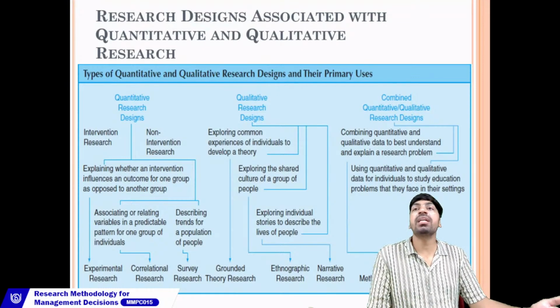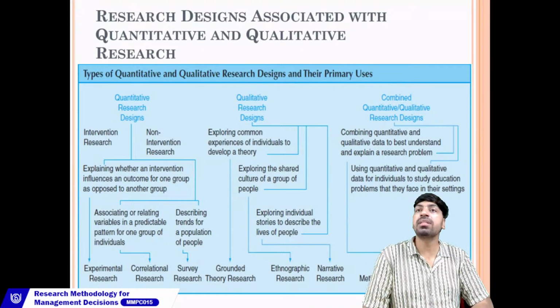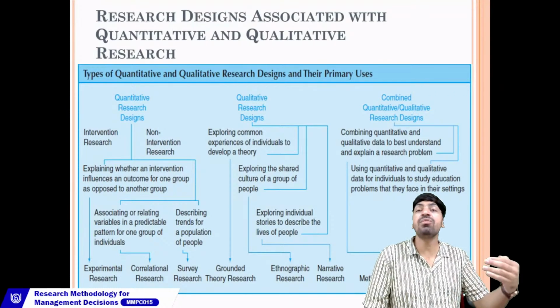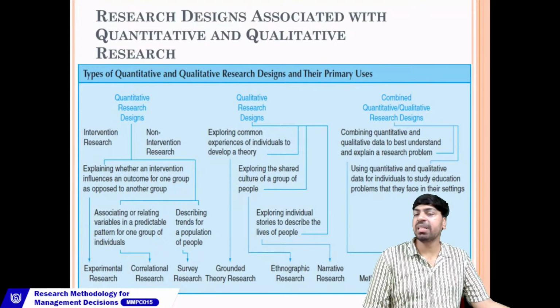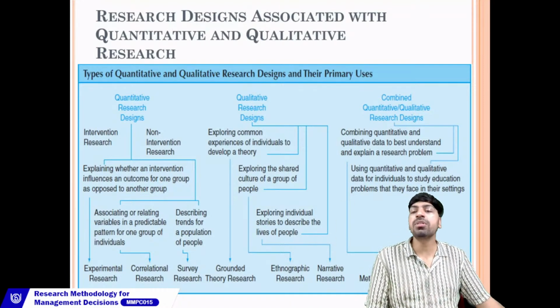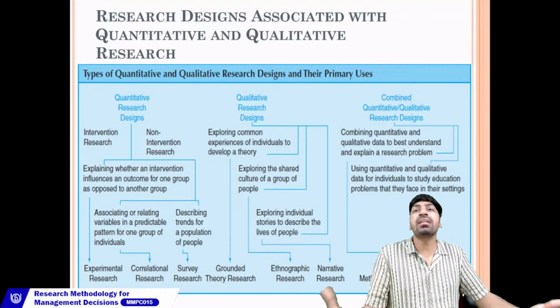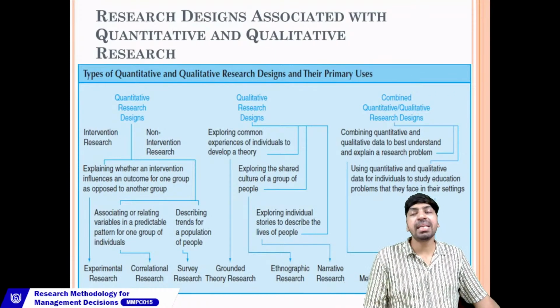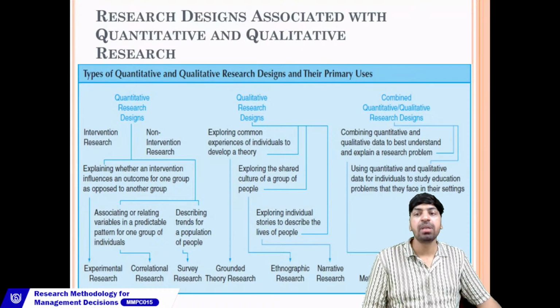So accordingly, you can choose one type of research design. But when you have some primary data and most of the secondary data, then it is a very good strategy to apply a mixed method research design. That's a combination of both quantitative and qualitative data. So when you have both, it's called the mixed method research design.